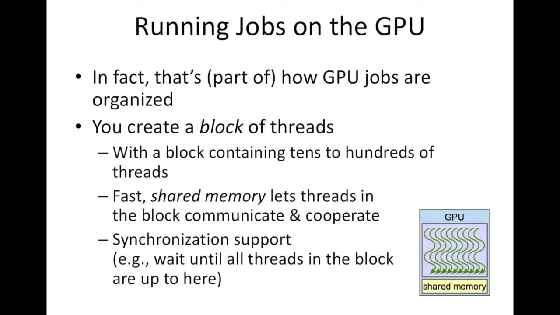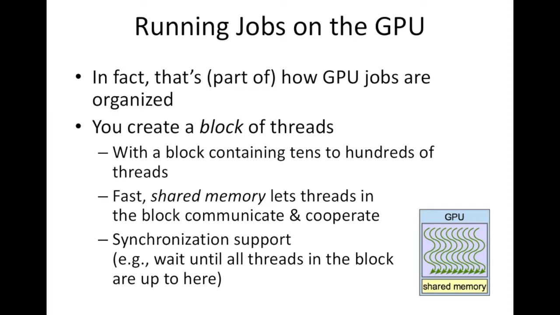In the CUDA model, we have to think about organizing our code into what they call blocks of threads. The GPU can run a bunch of threads at once, and a block is the CUDA term for a collection of threads, maybe tens or hundreds of threads, that are all running at the same time, that all have access to some shared memory, so there's a region of memory that they can all read and write from.